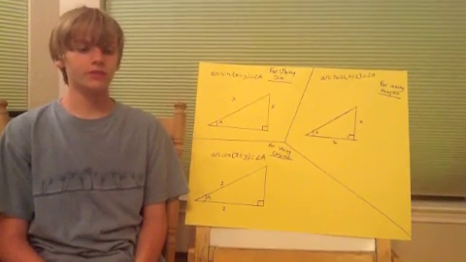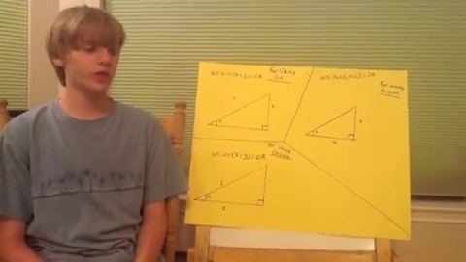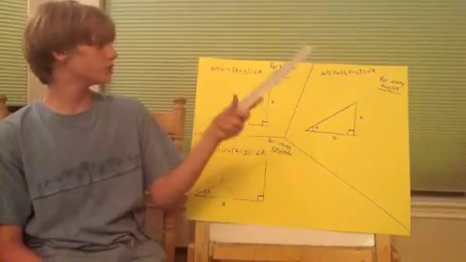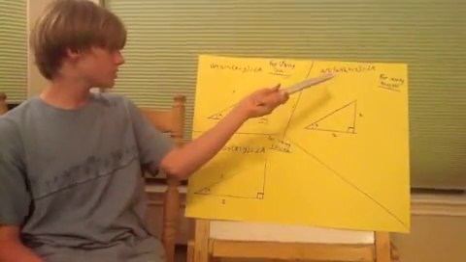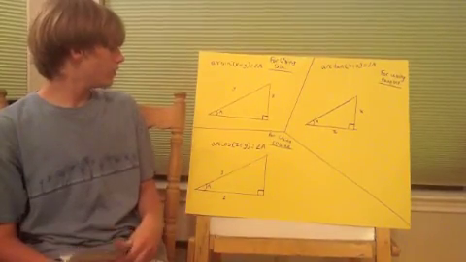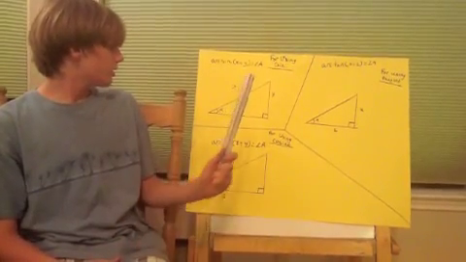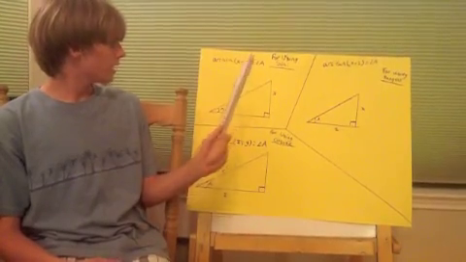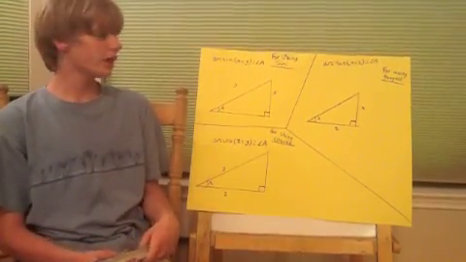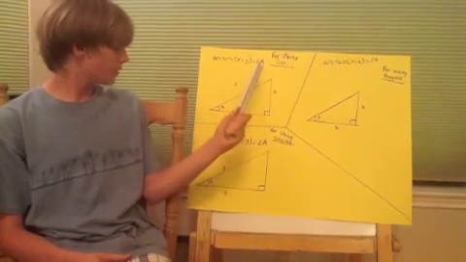In this segment, we will be learning how to solve for the angle using the three trig ratios: arcsine, arccosine, and arctangent. If we already know the opposite side x and the hypotenuse y, then angle A is equal to the arcsine of x over y.